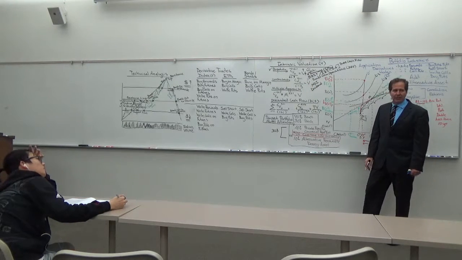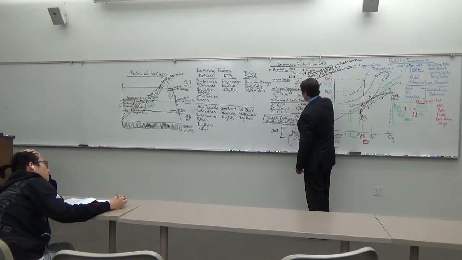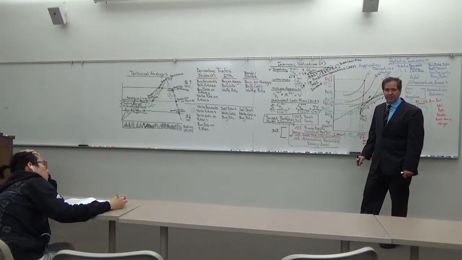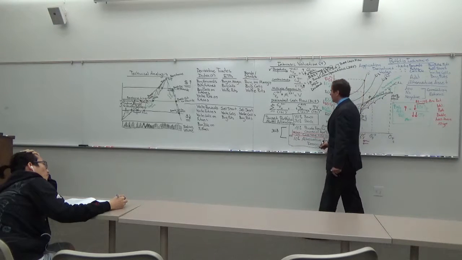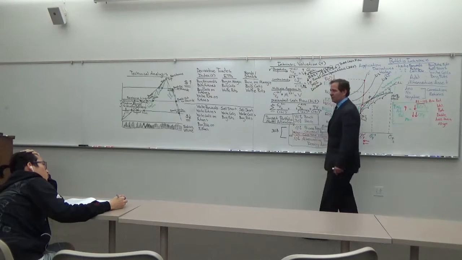So if you're projecting growth rate in the cash flows to increase, then the value of the share is going to increase. If you think that the growth rates are going to decelerate, decline, that's going to cause the value of the shares to decline.